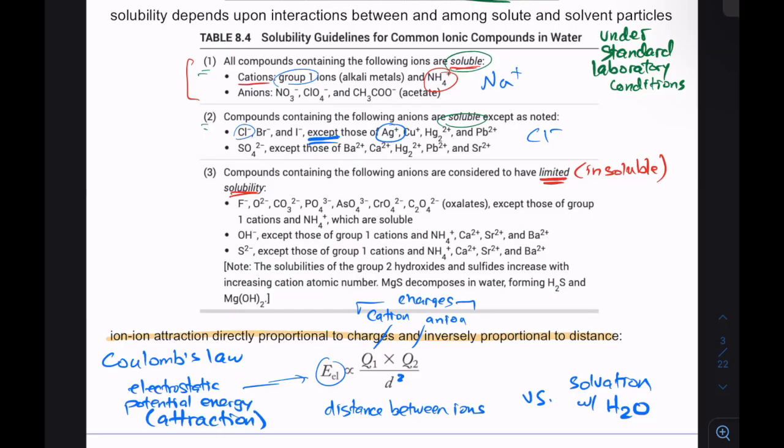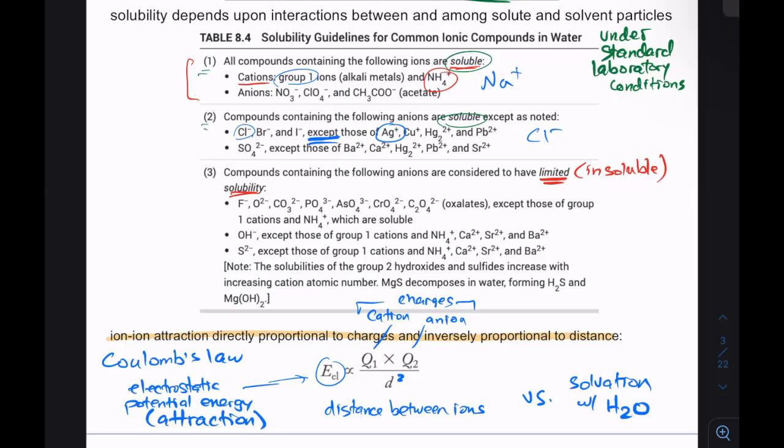However, as the ions get larger, as you move down the periodic table, or as you start building polyatomic ions, those things are much larger. So the distance between those positive and negative charges is getting farther and farther apart. So the larger the ions are, the greater the distance between them. And so now you're decreasing the electrostatic potential energy. So it should be more favorable to be solvated in water.